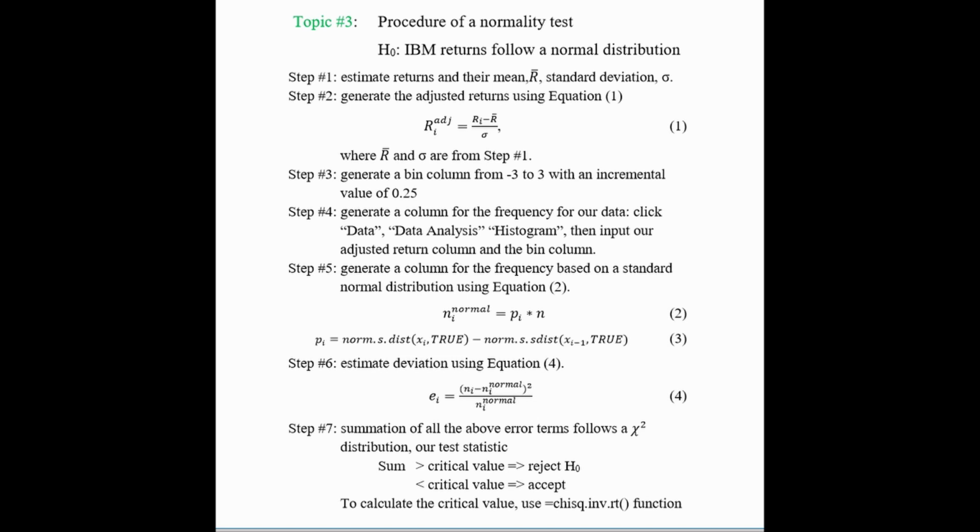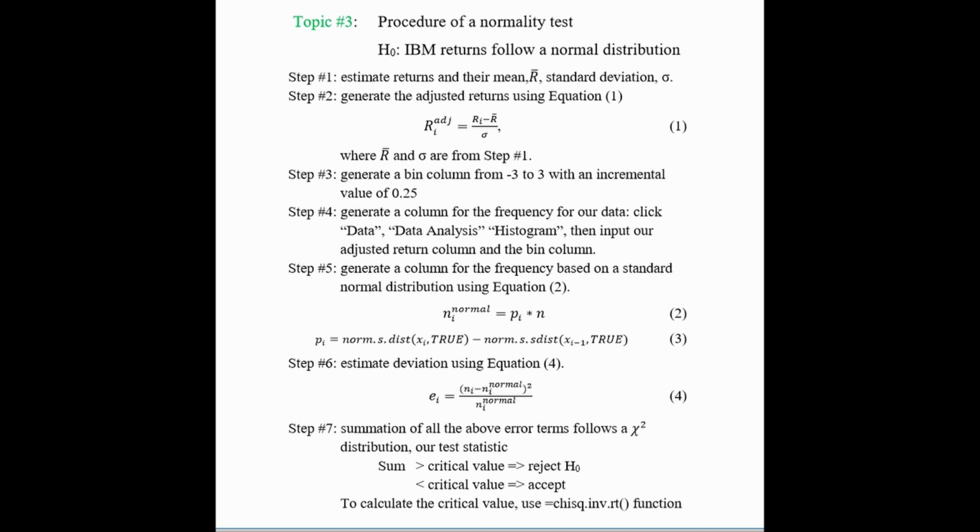Step number 2, generate the adjusted return by using equation number 1, where the mean and standard deviation are from step 1. Step 3, generate a bin column from negative 3 to positive 3 with an incremental value of 0.25.